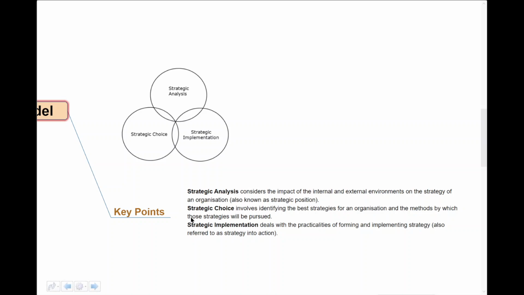Now, choice involves identifying the best strategies for an organization and the methods by which those strategies will be pursued. We should know really that any business, if they have, let's say, 4 strategic options, can't really do everything.